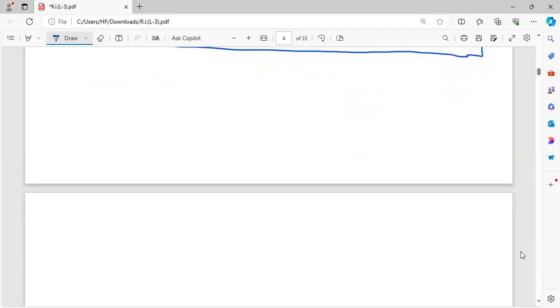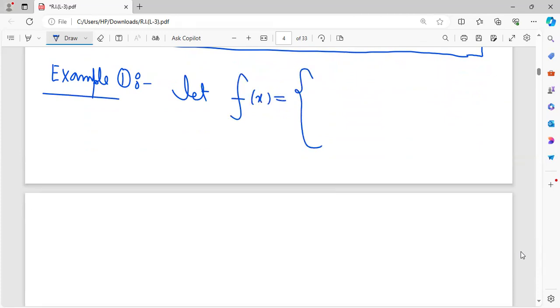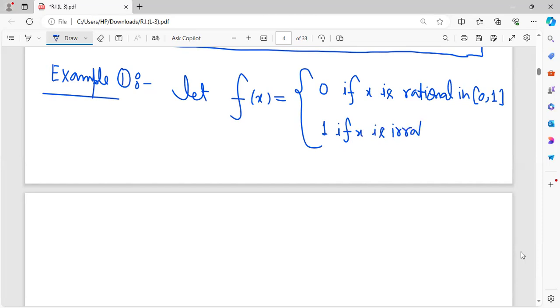So, for example, let f(x) be 0 if x is rational in the closed interval [0, 1], and it is 1 if x is irrational in the closed interval [0, 1].